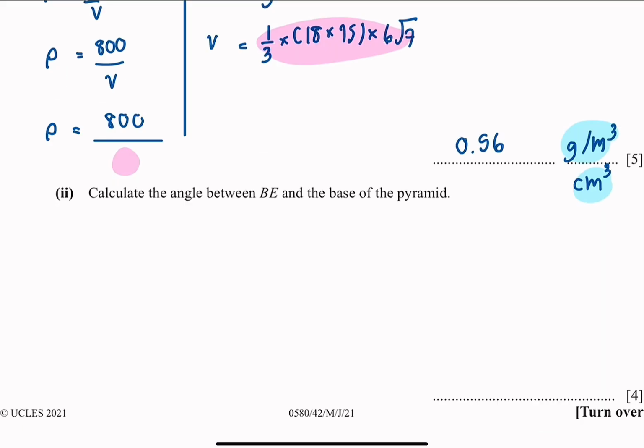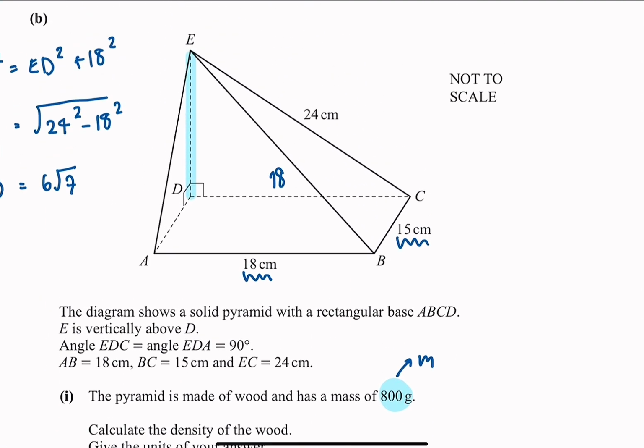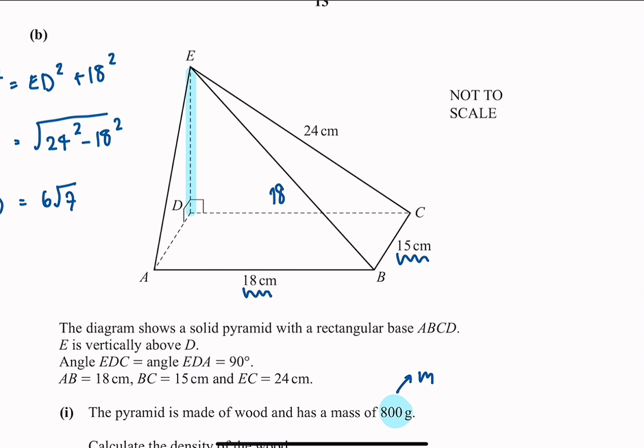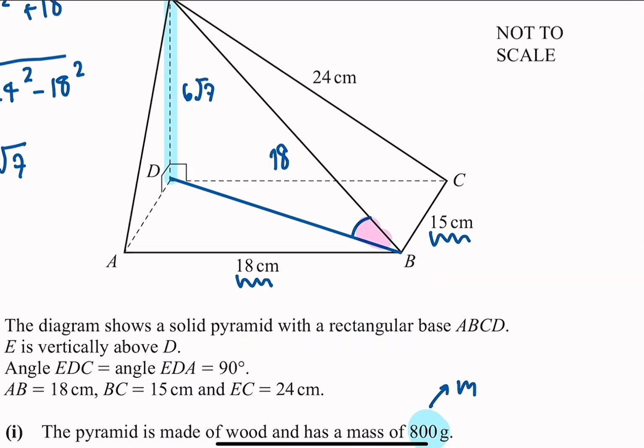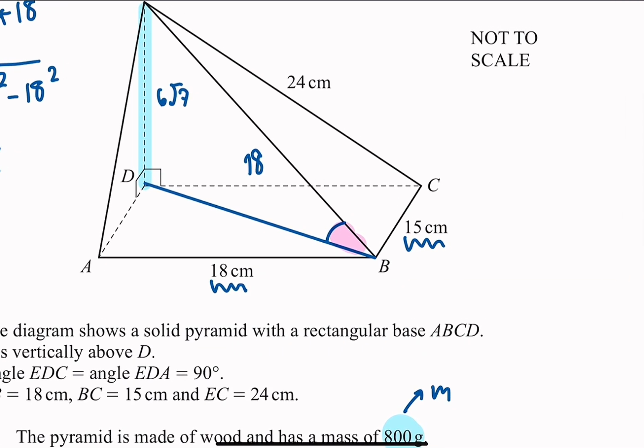Calculate the angle between BE and the base of the pyramid. It is this angle. And first, I will find the length of BD. And I will use the Pythagoras theorem. And this AD is equal to 15.